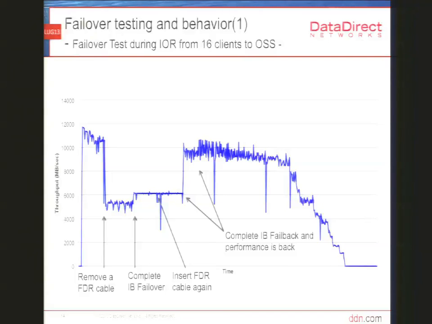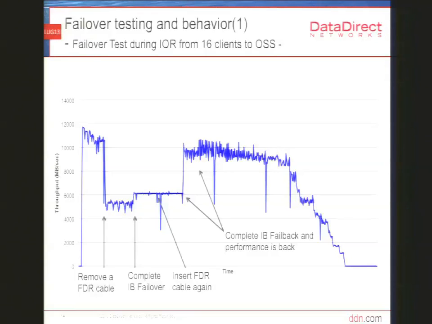This is another test, the failover testing. We ran the IOR job, but during the IOR, I removed one FDR cable for LNET. Of course, once one cable is removed, half of the OSTs are not accessible, and it's stuck on the client.